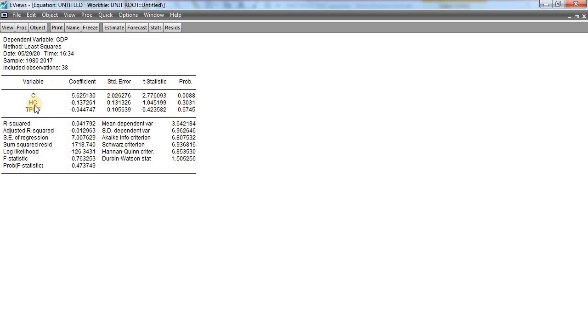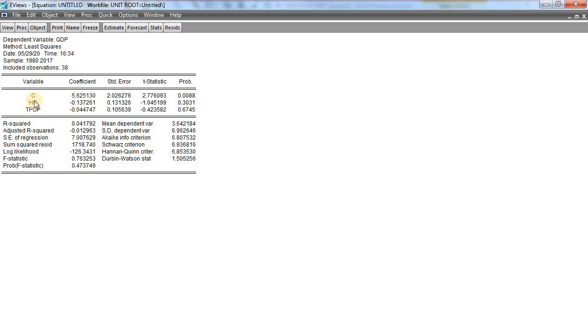However, the sign of population here is showing us that a 1% change in population results in a 4% decrease in GDP. Meaning that if population increases by 1%, GDP will decrease by 4%.